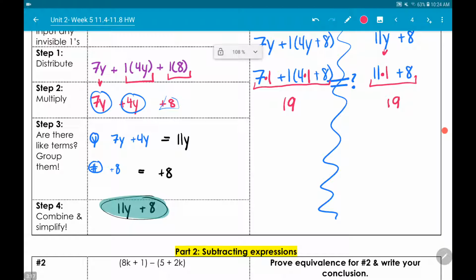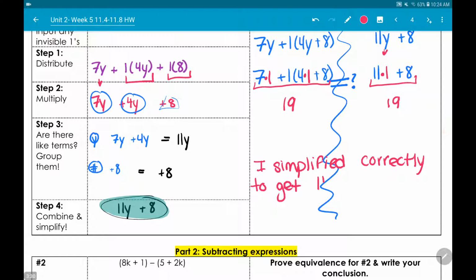All right, so my conclusion is I simplified correctly to get 11y plus 8.